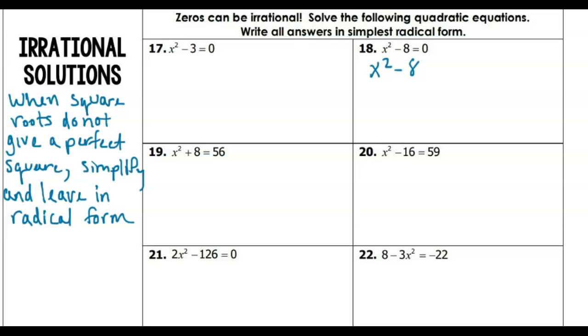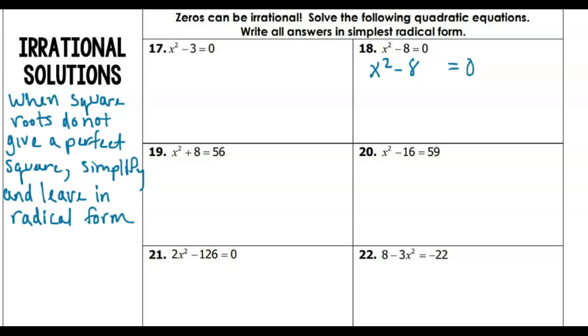And so the advice here is we're going to just leave it in radical form. So don't give a decimal answer, just simplify it if you can. So any perfect squares, we can simplify the radicals and then give that solution for that one.